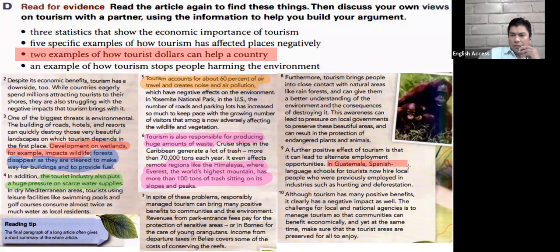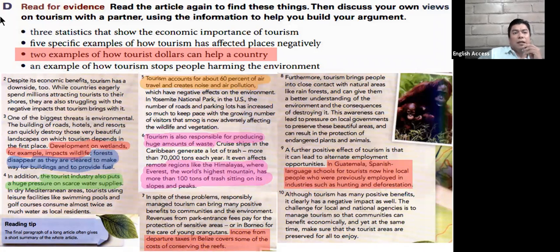Here in Guatemala, that's one. Income from departure taxes in Belize covers some of the cost of conserving the reefs. There, that's the other one.